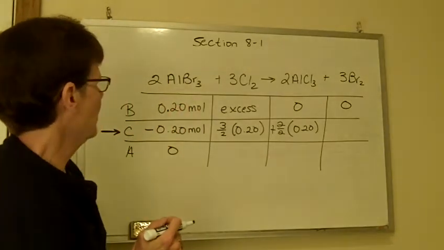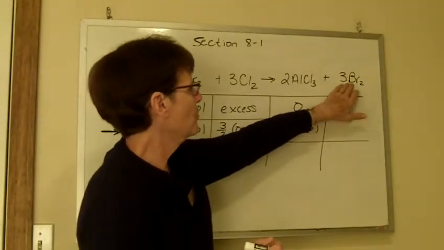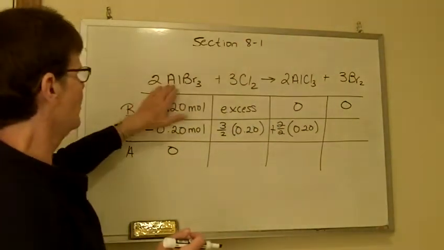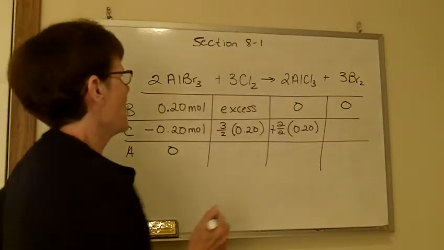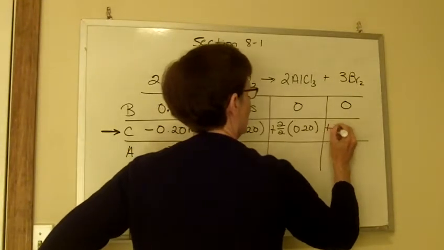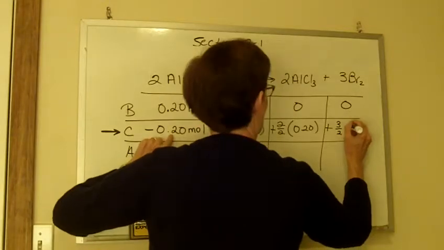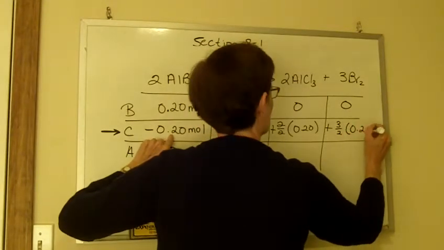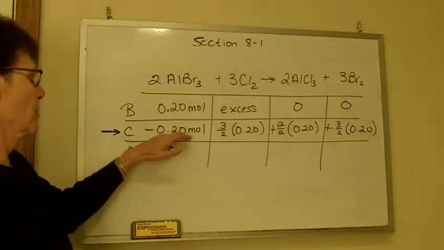Okay, now what's happening over here? So we're going to make 3 of these for every 2 of these. And I keep going back here because that was my given number. So for bromine, we're producing 3/2 times the amount that was used up over here.